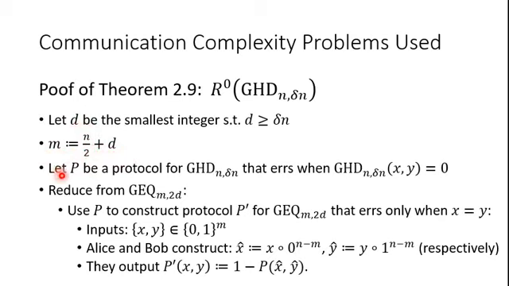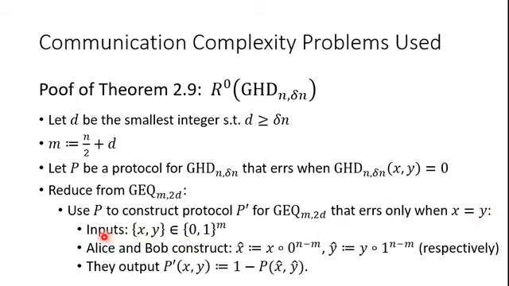Now say that P is a protocol for GHD that makes errors only when GHD equals 0. We'll actually do a reduction from GEQ with parameters m and 2d, so that's the t of the GEQ, and it's going to be 2d. The way we'll do it, we'll use P to construct a protocol P prime for GEQ that makes errors only when x equals y.